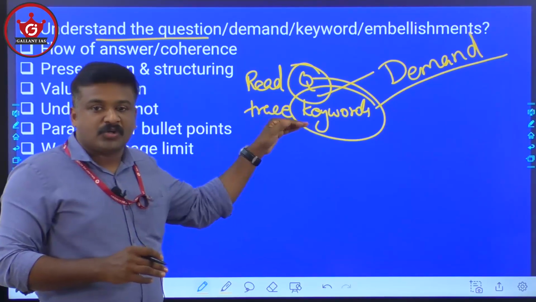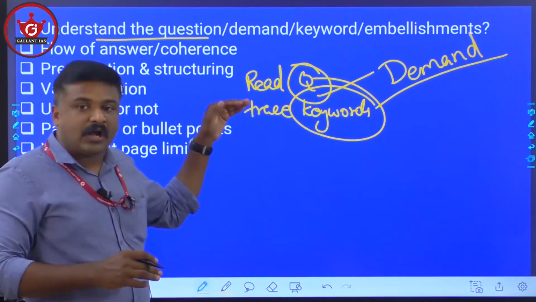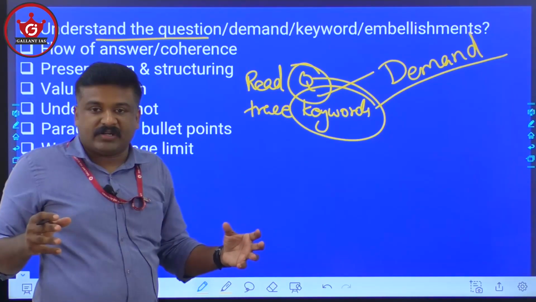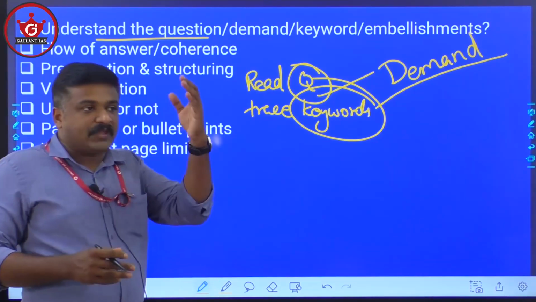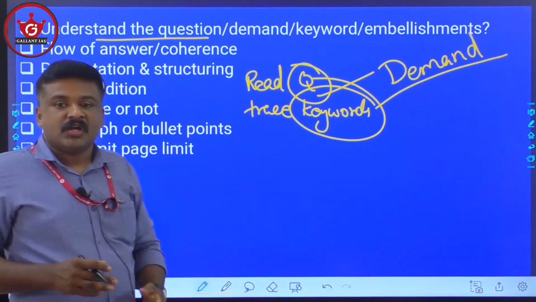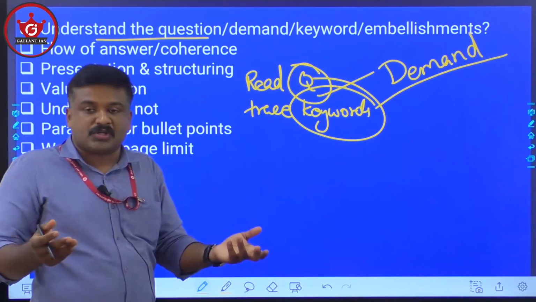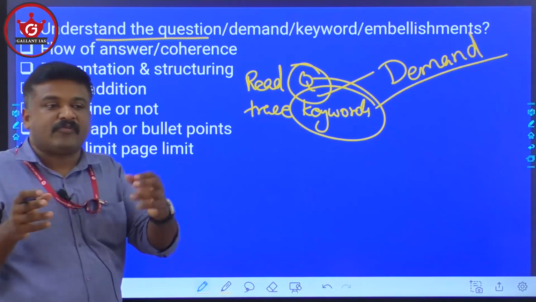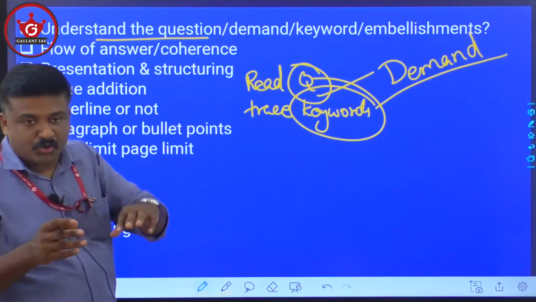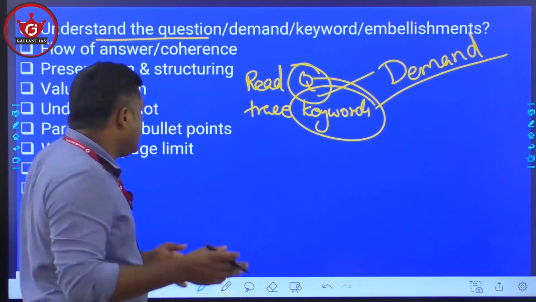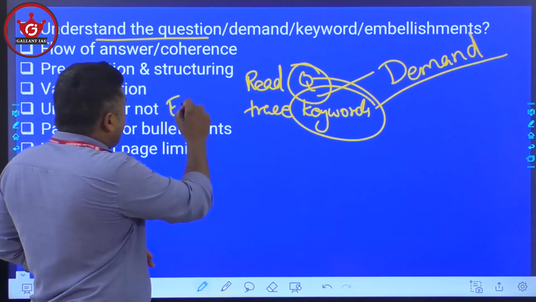Try to trace the keywords out of the question. What are the keywords given here? So there is a question: Bhakti Sufi saints, what was the nature of the Bhakti Sufi movements and their contributions? Evaluate the nature of the Bhakti movements and their contributions. If that is the question, of course, you have to evaluate.